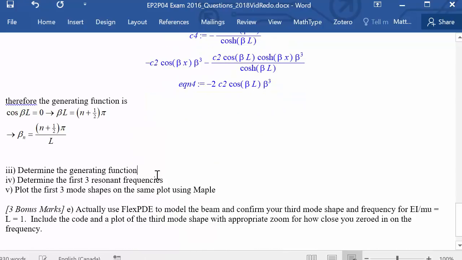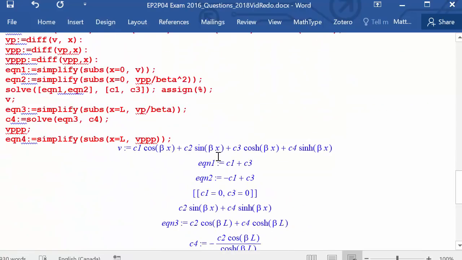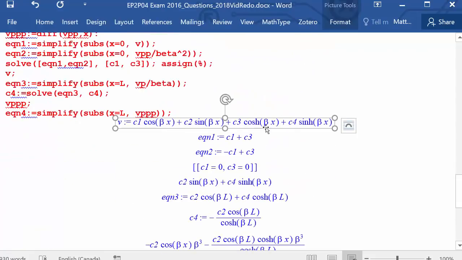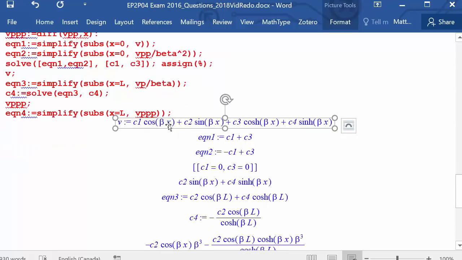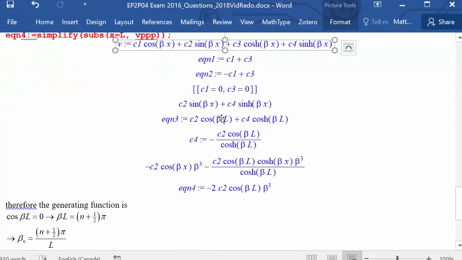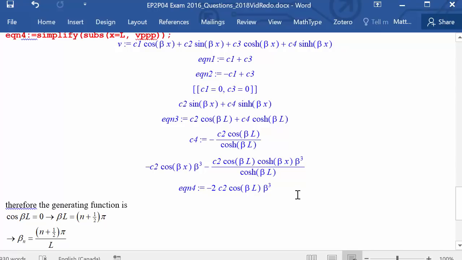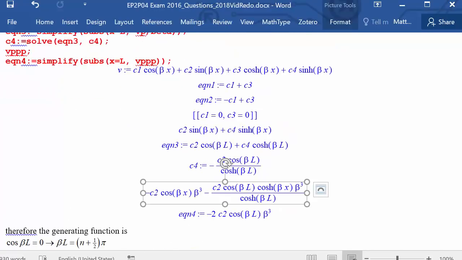I guess we actually went ahead a little bit, because the question just asked us to figure out the mode shape expression. This is the general form of it, and after we substituted everything in, we've got what our betas are, and the mode shape is the last thing just before this.